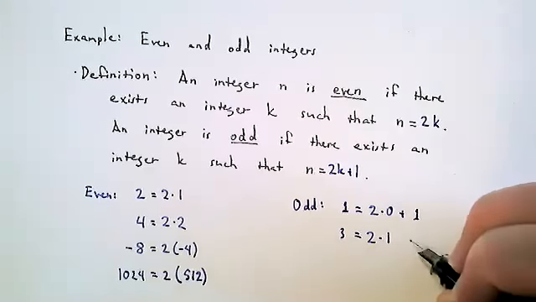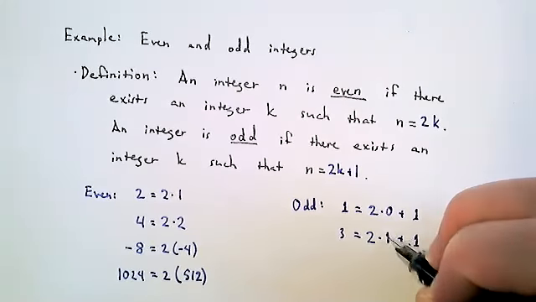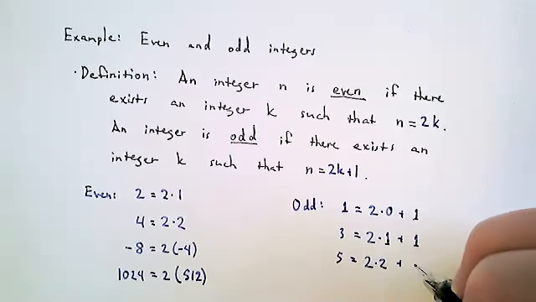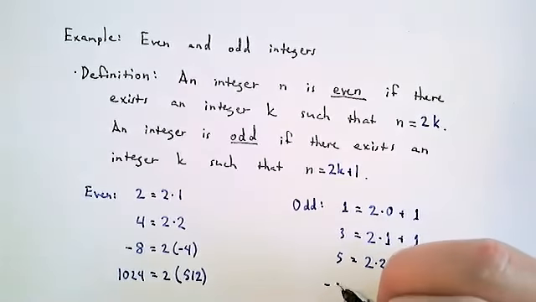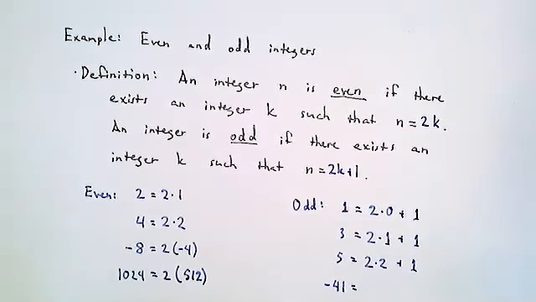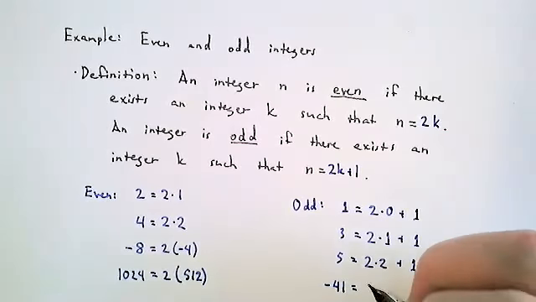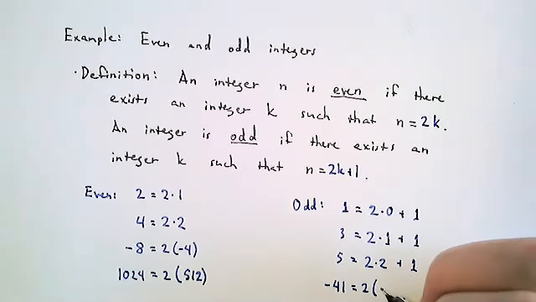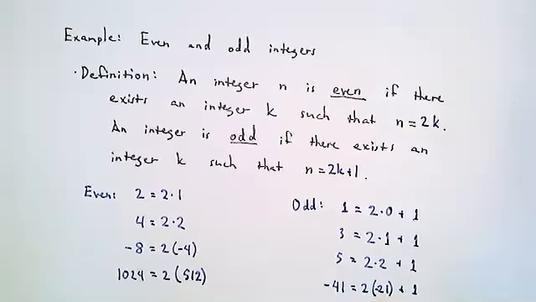It's 2 times 1 plus 1. 5 is 2 times 2 plus 1. Minus 41 is equal to, and here you have to worry about what's positive and what's negative a little bit, 2 times minus 21, which is minus 42, and then you add 1 to get minus 41. So that's how this definition works.